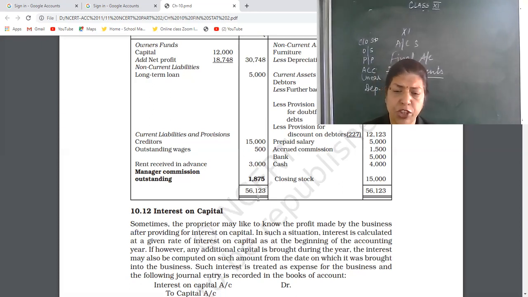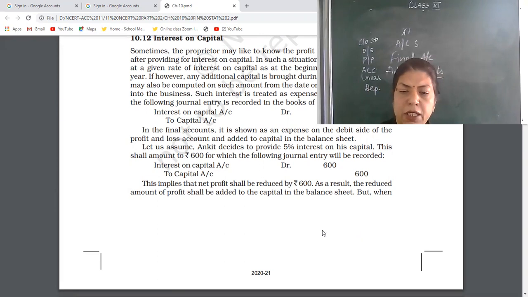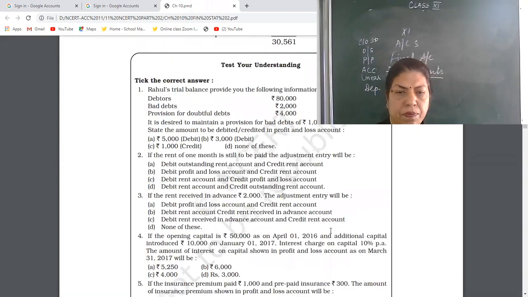That's why it is treated as expense for the business, and this journal entry will be passed in the books: interest on capital account debit to capital, because that will be added in the capital in the balance sheet, and it is to be shown at the debit side of P&L account.